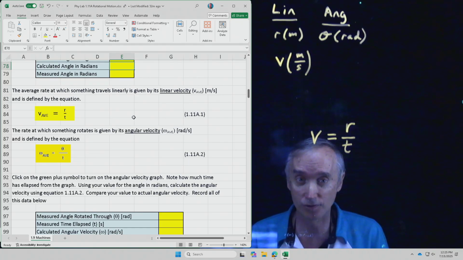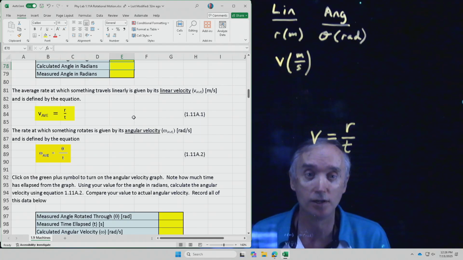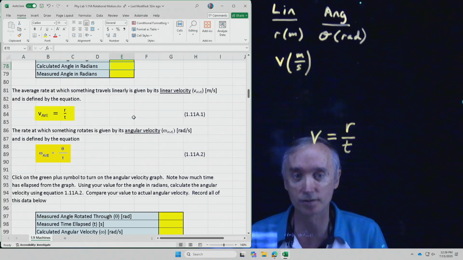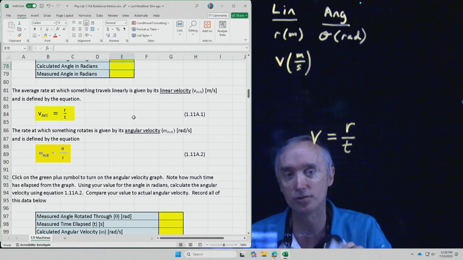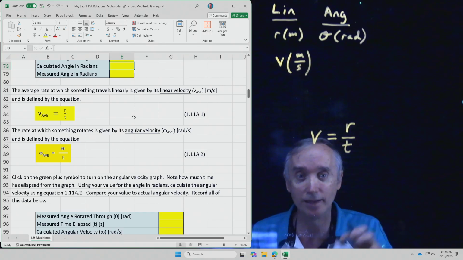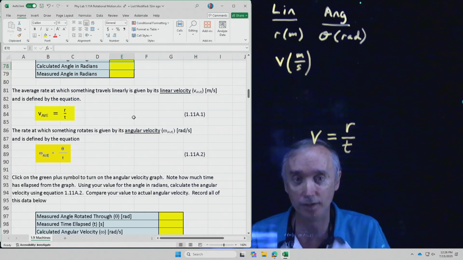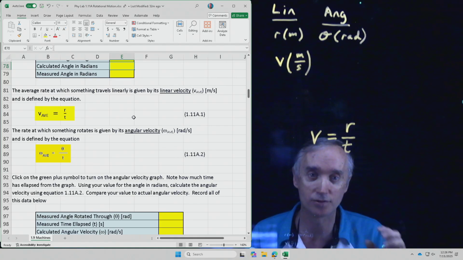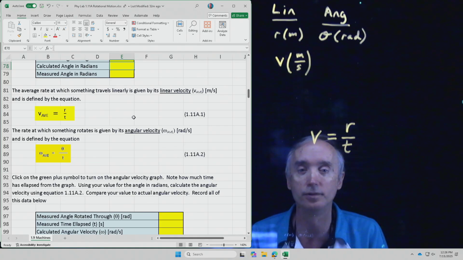So I tend to use the words speed and velocity interchangeably. So this is going to be rotational velocity, rotational speed, or you could say angular velocity, angular speed. It's all the same, okay? So don't get hung up on the words that I'm using here.